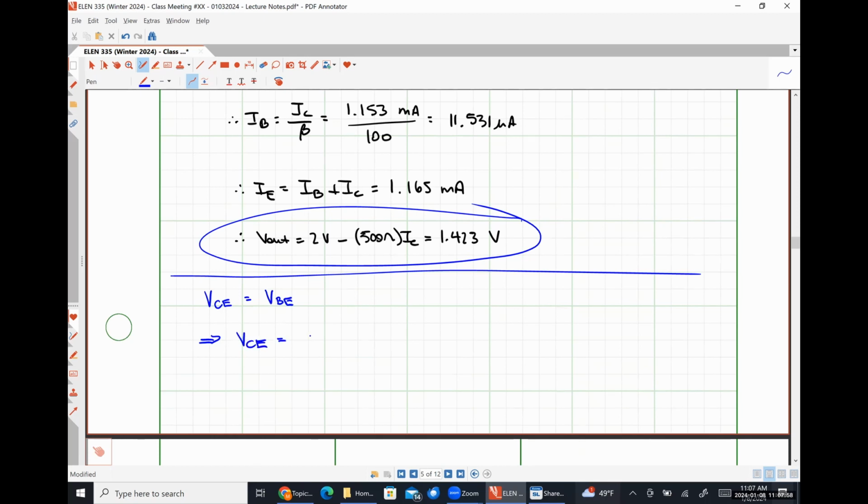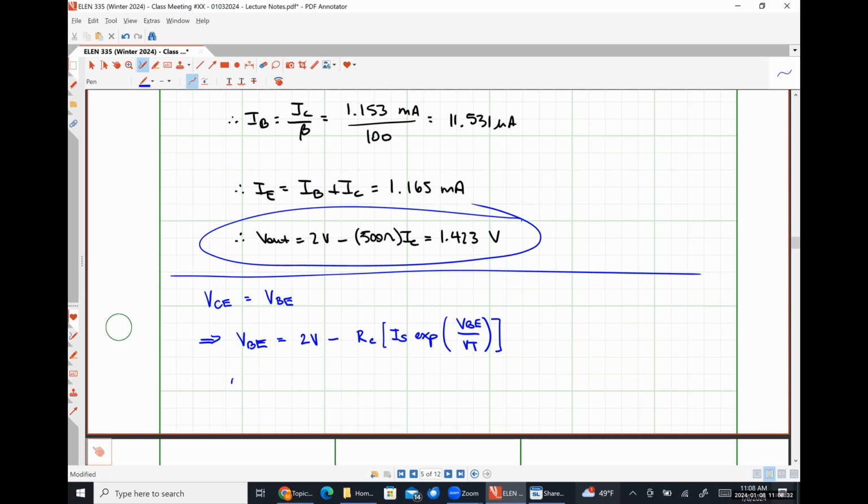So VCE would be our 2 volts minus the value of the resistor times our collector current, where our collector current can be written as IS times EXP of VBE over VT. We know that VCE must be equal to VBE, so I can simply change this.